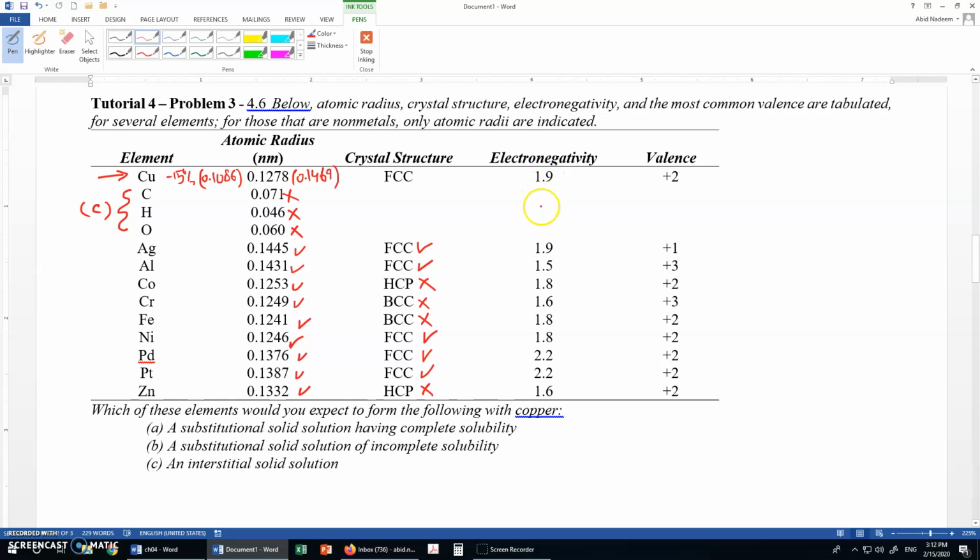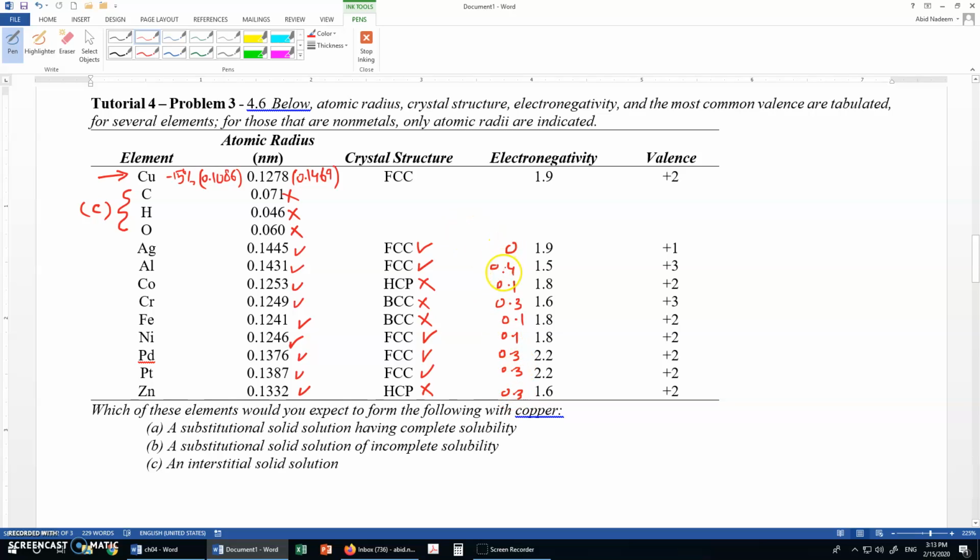For the electronegativity, the electronegativity difference must also be small. Here the electronegativity difference is only 0.4, here it is 0.1, 0.3, 0.1, 0.1, and here it is 0.3, 0.3, and 0.3 also, plus or minus.